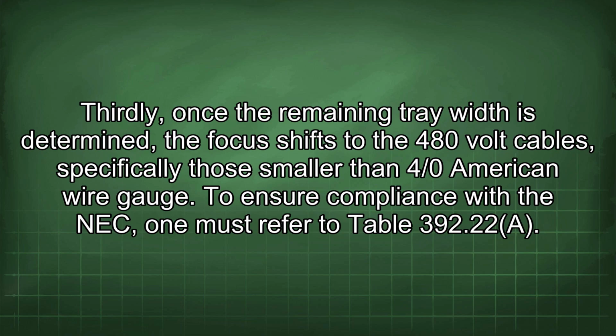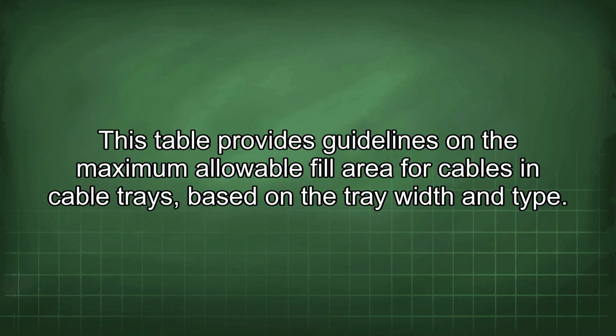Thirdly, once the remaining tray width is determined, the focus shifts to the 480 volt cables, specifically those smaller than 4/0 American wire gauge. To ensure compliance with the NEC, one must refer to Table 392.22(A). This table provides guidelines on the maximum allowable fill area for cables in cable trays based on the tray width and type.